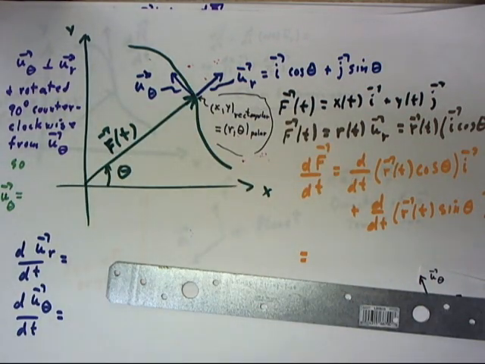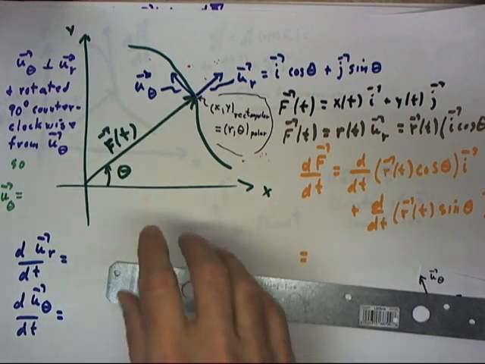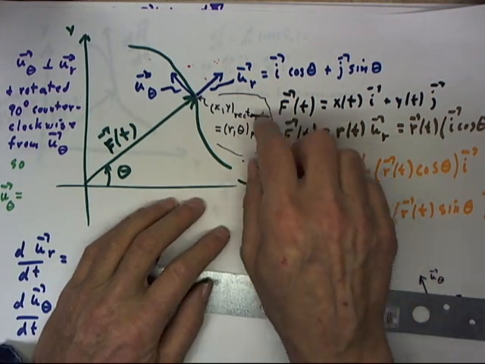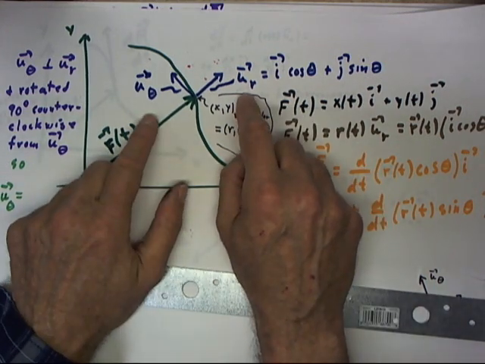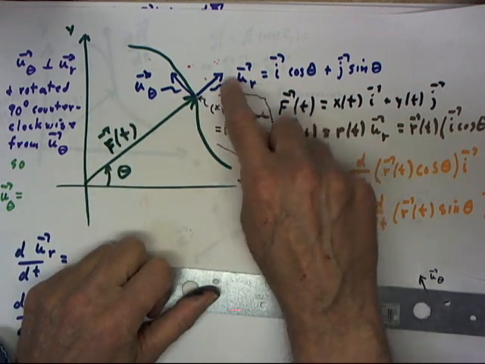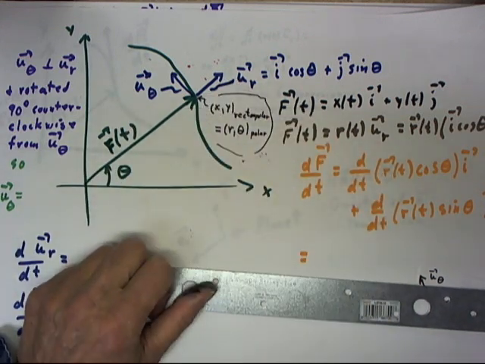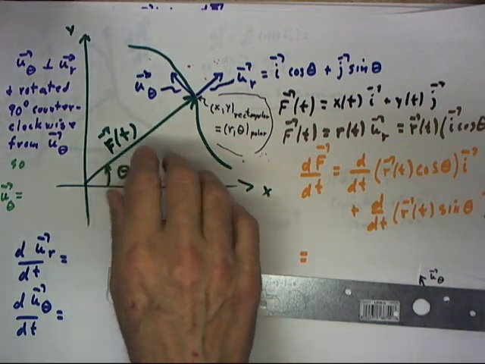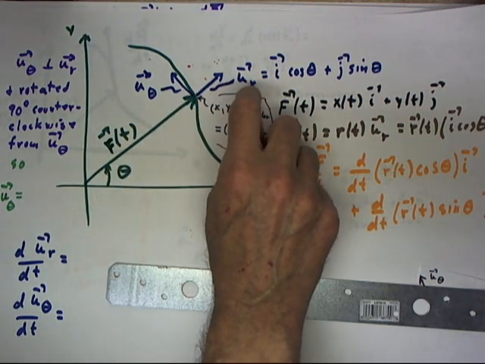We don't have to use the i and j components. We can describe this vector in terms of u r and u theta if we just know the direction of u r at a given point. Well, the direction of u r is radial.